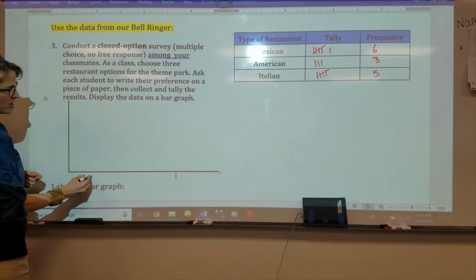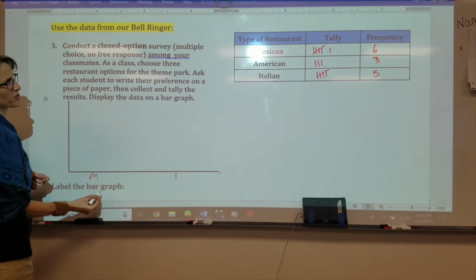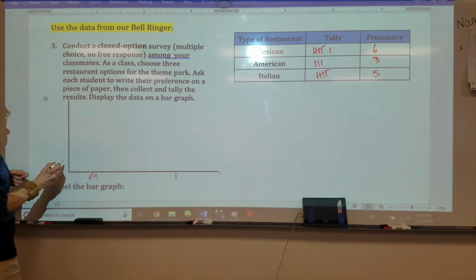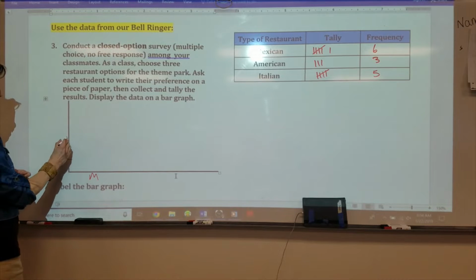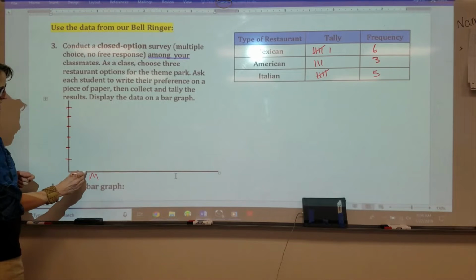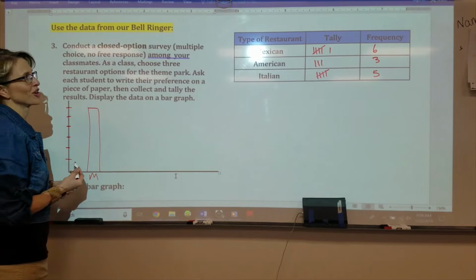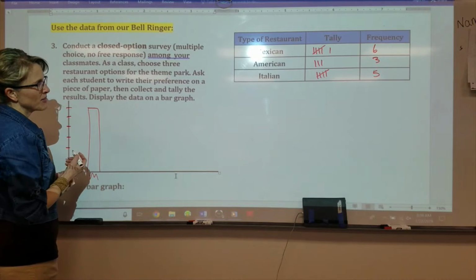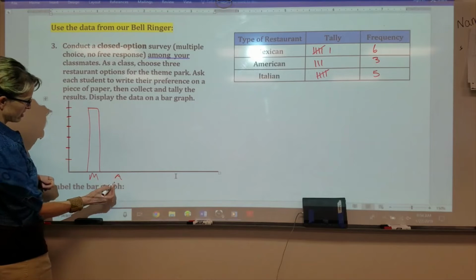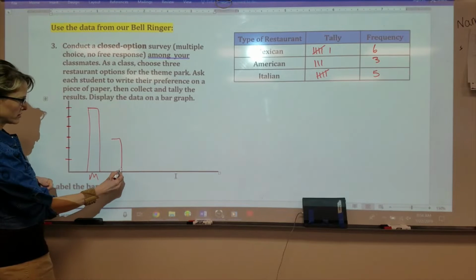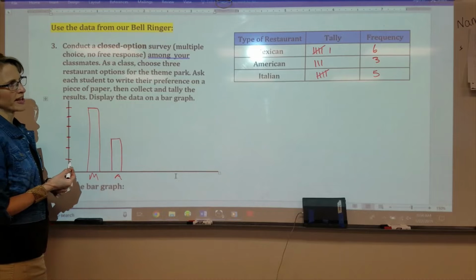So Mexican would be our first one. It has a frequency of 6, and that's our highest. I'm going to count 1, 2, 3, 4, 5, 6, and make a bar all the way up to 6 that represents the Mexican restaurant preference. Then American is a total of 3, so I could show a bar like that.